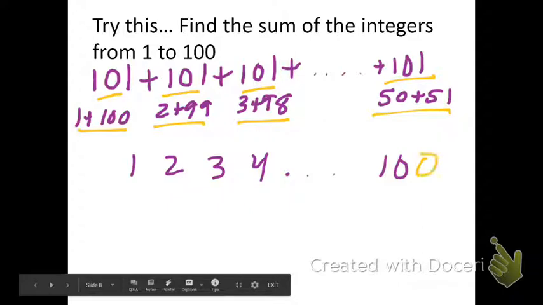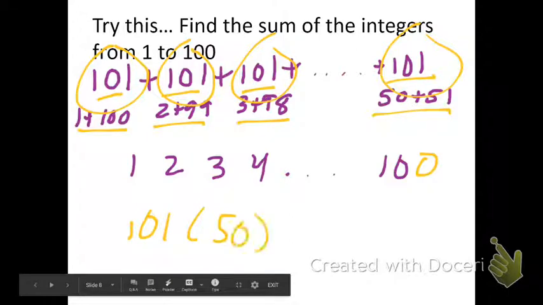Since there are 100 numbers, and we're pairing each of them up, that's really like 101, 50 times. So if we do 101 times 50, we end up getting the sum, which is 5050, which represents the sum of the first 100 integers.